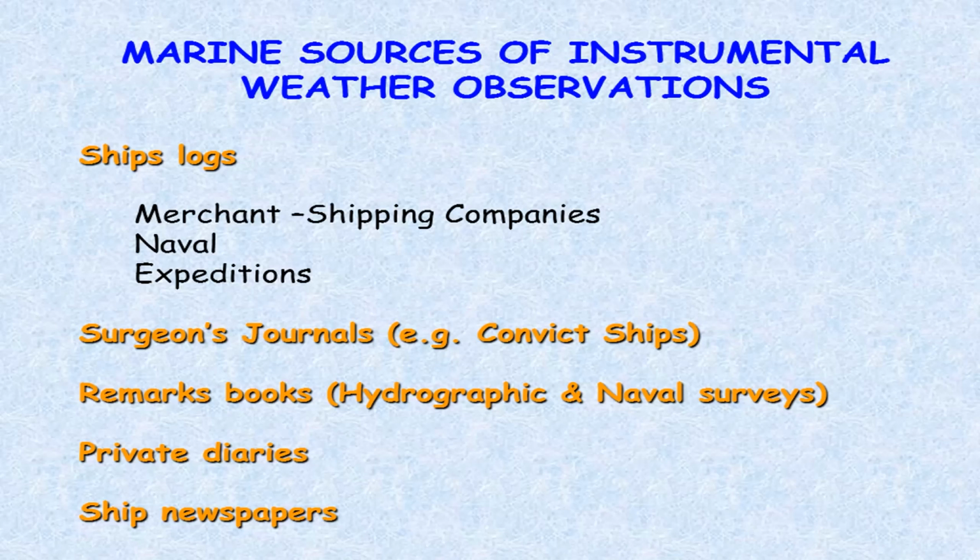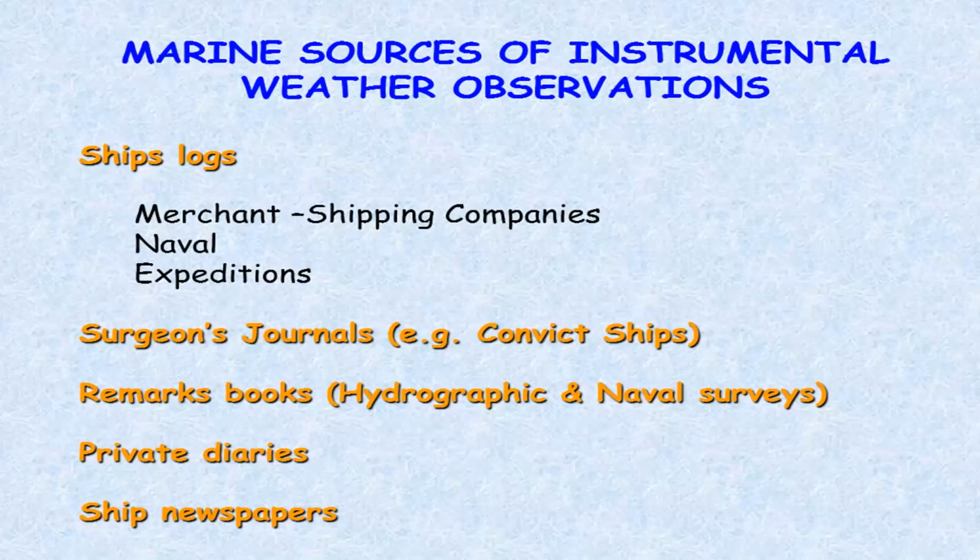There are also things like ships' surgeons' journals, which we found, and they were particularly important on convict ships going out to Australia from the UK. The period that they cover that have been scanned goes from about 1816 to about 1868, I think it is. And they've been very valuable.